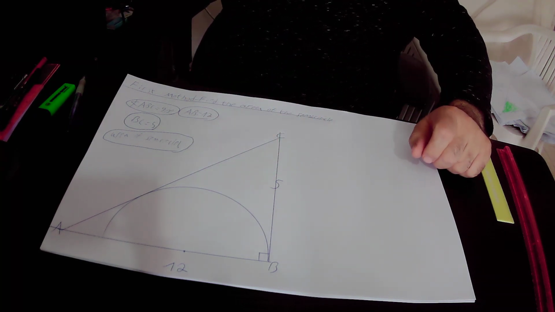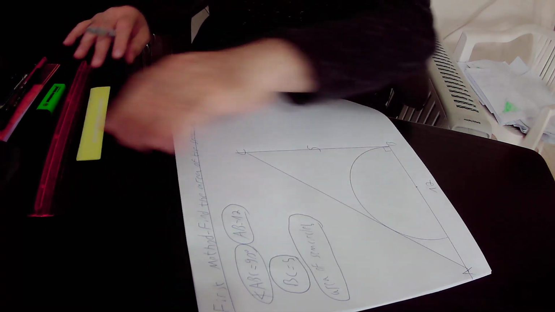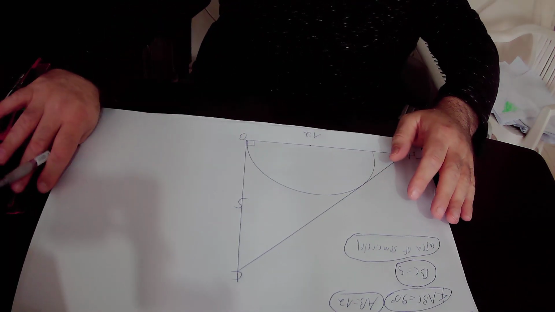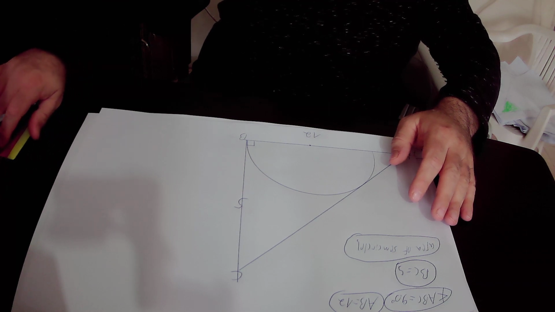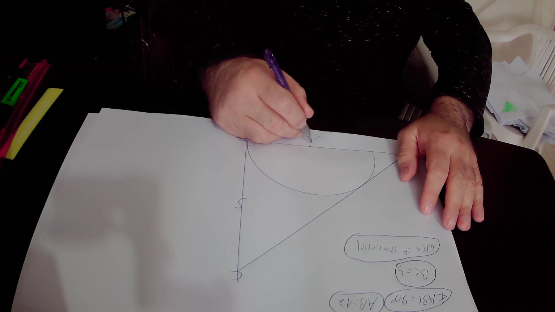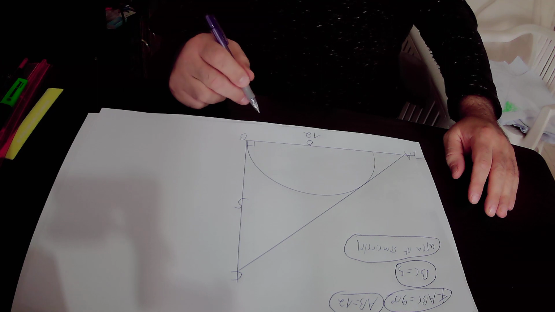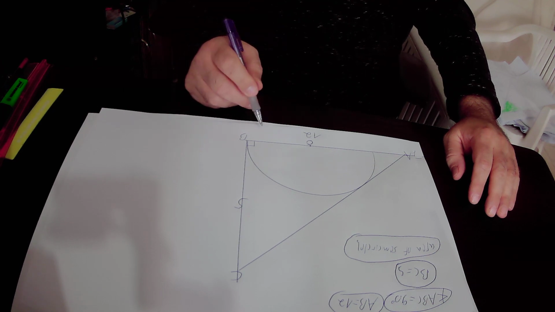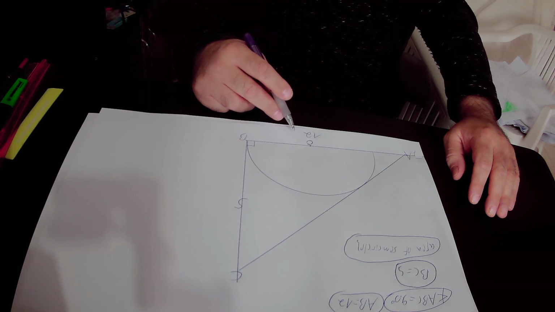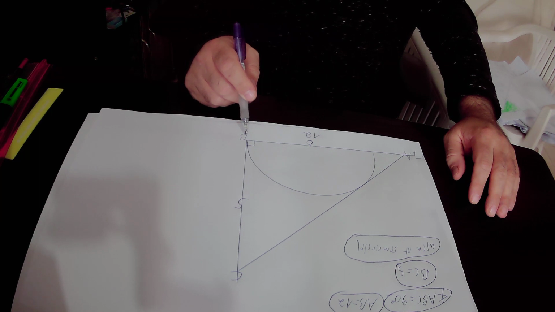So first of all, we will define the center of this semicircle as point O. And actually OB is the radius of this semicircle because line segment OB starts from the center of the circle and ends at point B, which is a point on the semicircle itself.